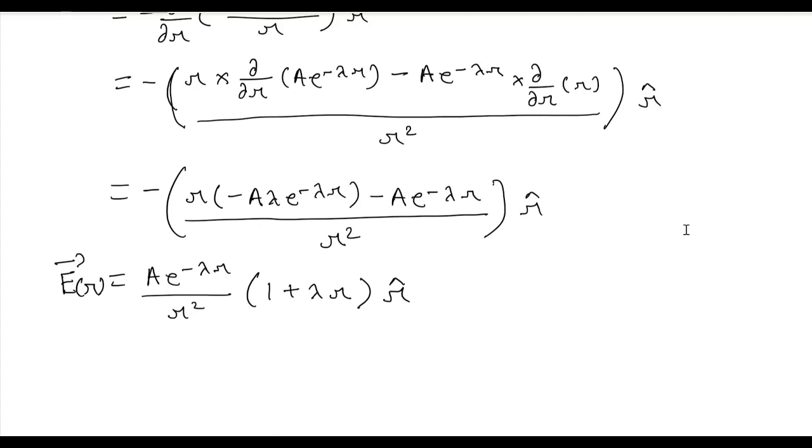From here we use the differential form of Gauss's law, which is the divergence of the electric field equals the volume charge density rho over epsilon naught. There are two ways to proceed.